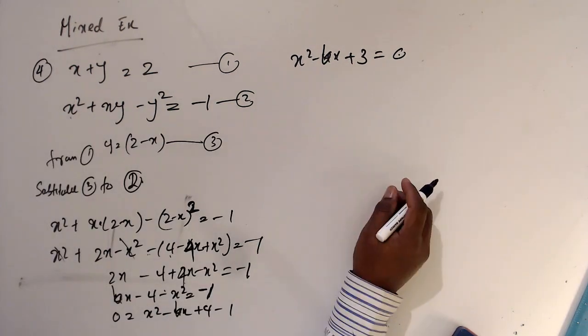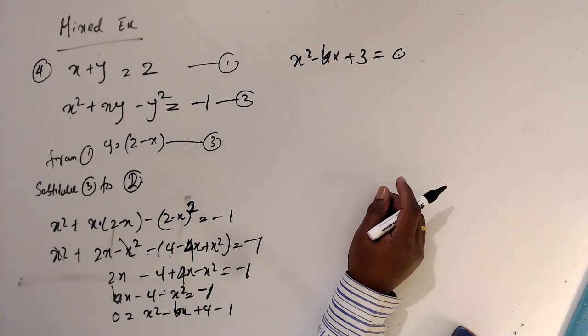Now you can see that x and y are given in the form a plus or minus b square root 6.